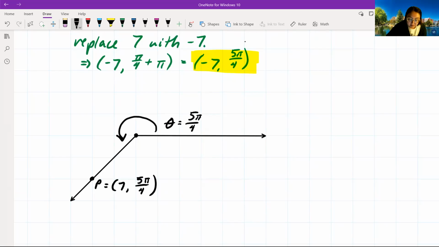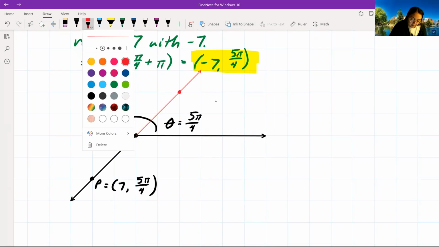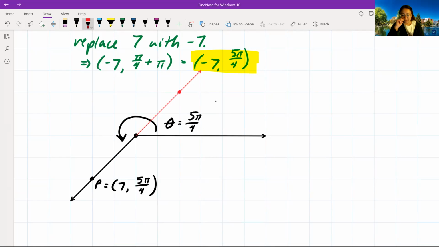So remember, following that same line, we can now state that we have this additional point that is also going to correspond with 7, pi over 4, which is -7, 5 pi over 4 instead.